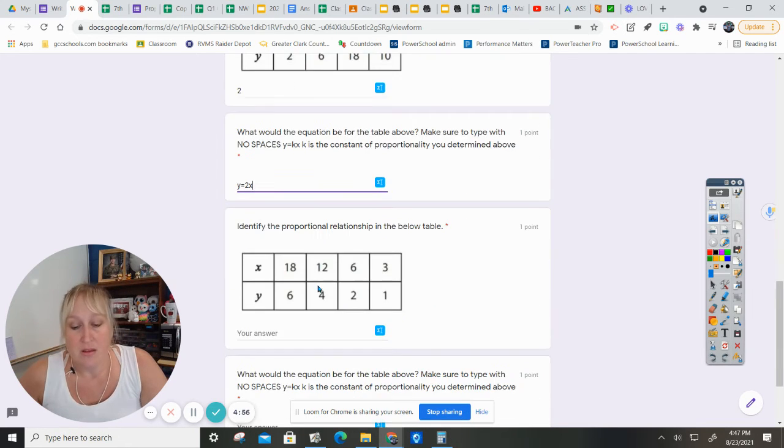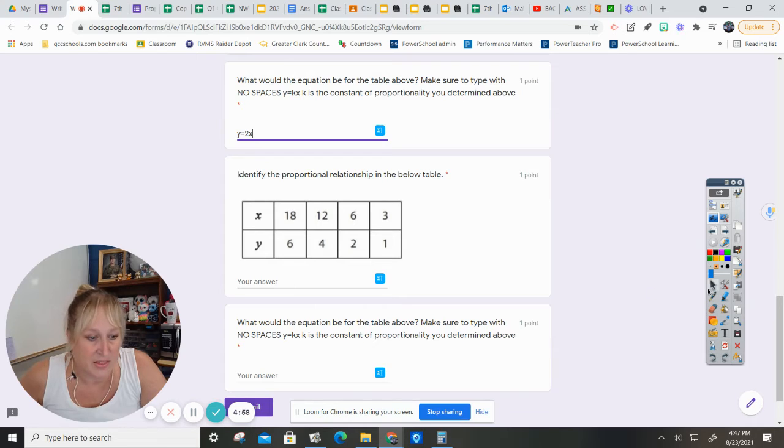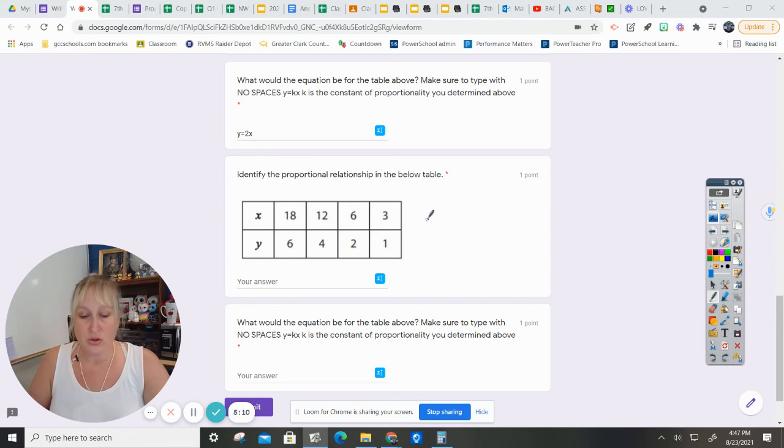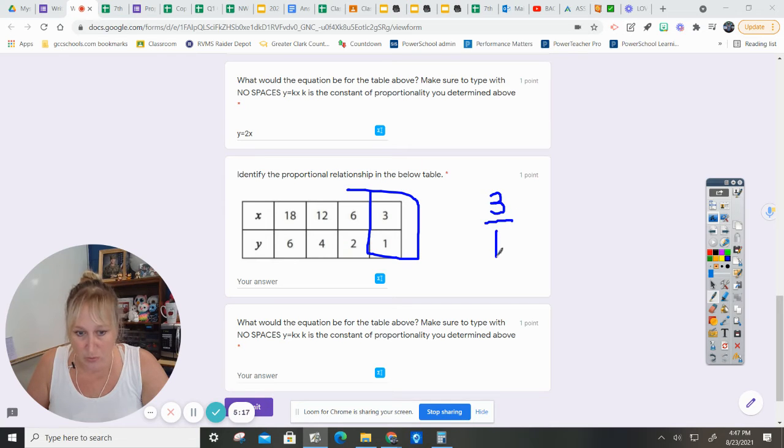Okay. All right, so we have to identify this one, and this one is tougher, okay? I will tell you that. It is tougher because it doesn't have a 1, right? So in order to create that 1, I'm going to pick my two numbers. 3 over 1 equals, now my x has to be the 1.